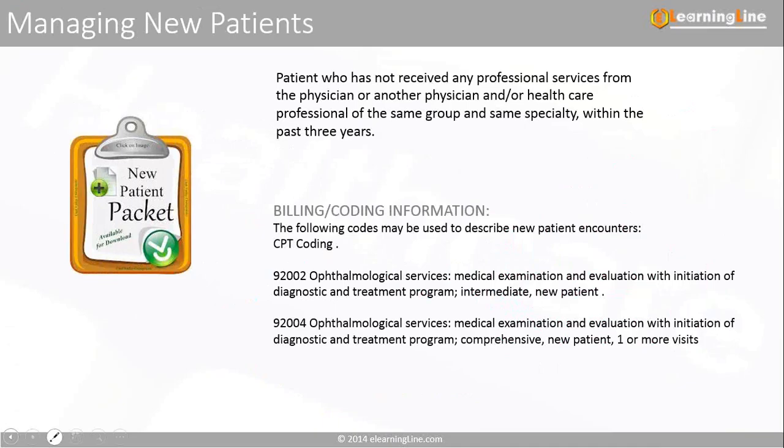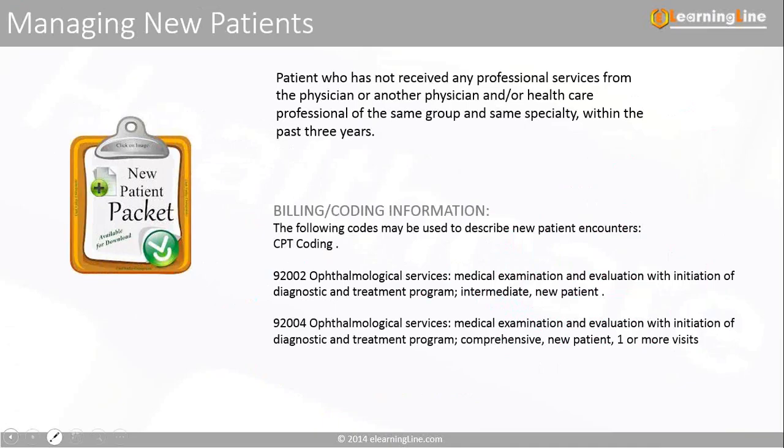So the question over here is, are you a new patient or an established patient? In this case, you will not be considered a new patient. And why is that? Because you are a patient of another physician in the same premises.